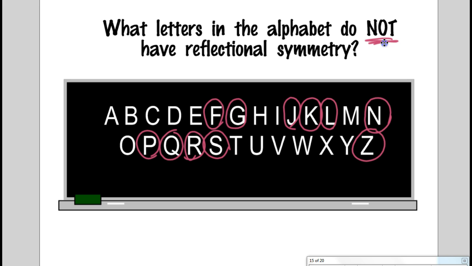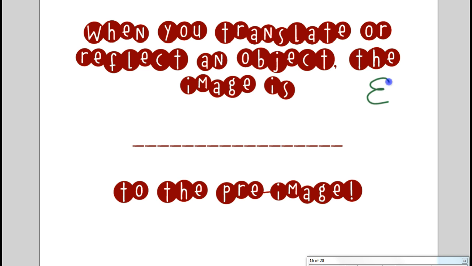B is debatable, and E, because sometimes you don't put it right in the middle. I always put mine right in the middle. Where do you put yours? If it's lowercase, there's the line of symmetry right there. If you write it like that, it might still, but if that one's smaller and that one's larger.